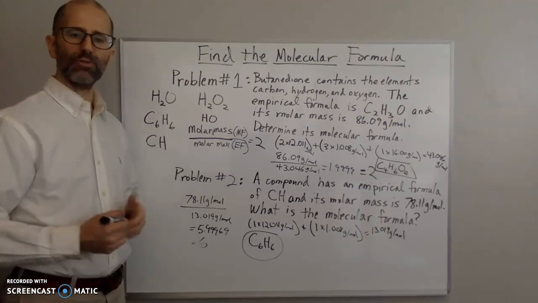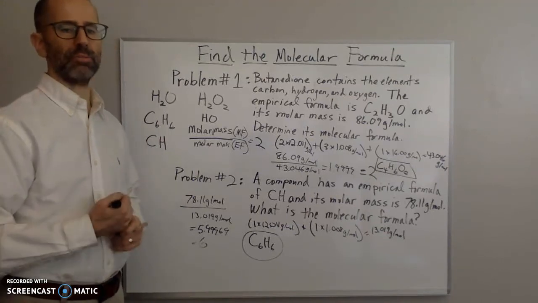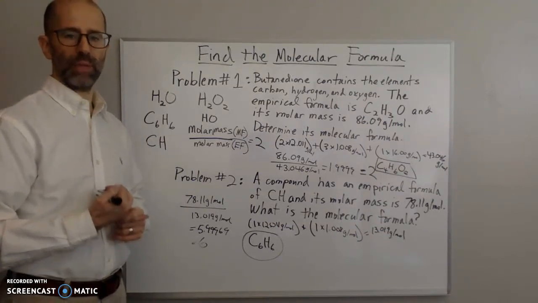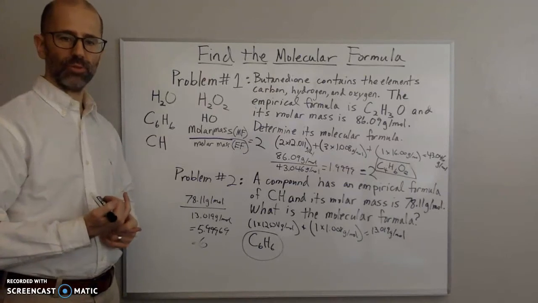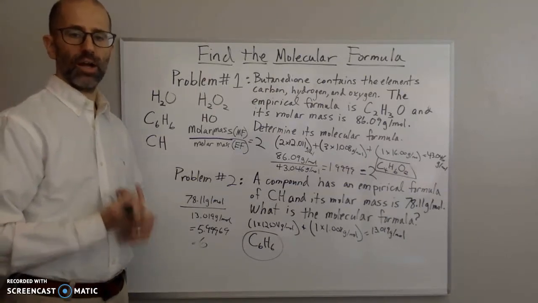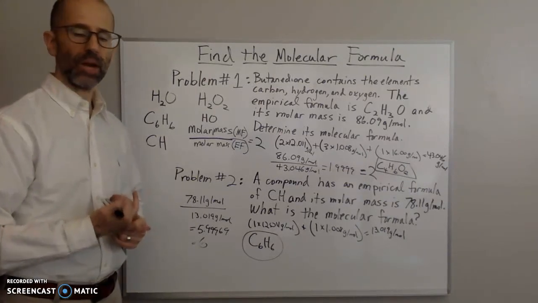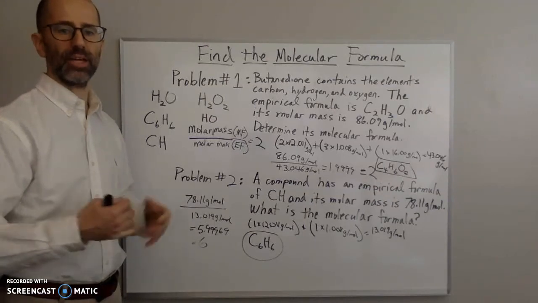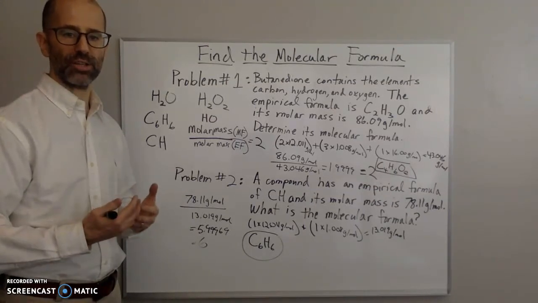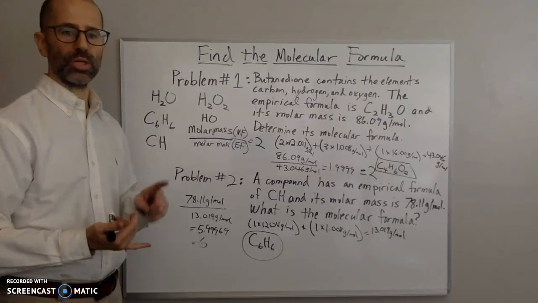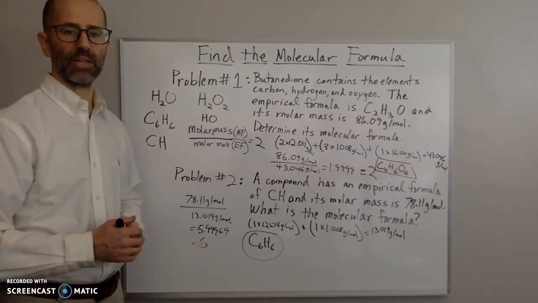So that's how you find the molecular formula. You have to be given the molar mass of the actual substance itself, and then you compare the formula mass for the empirical formula with the given molar mass, and that should give you some sort of factor, either a 1, a 2, a 6, a 4, or 5, whatever the case may be.